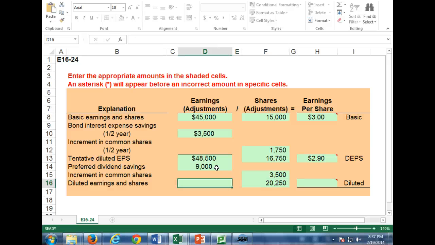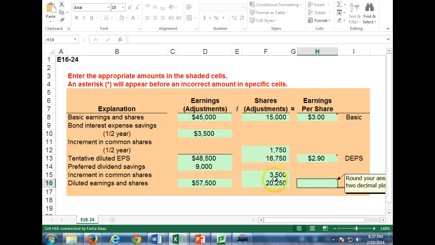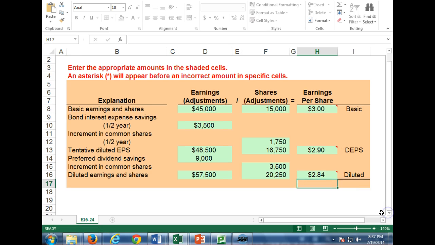And this would be 48, so this is 57.5. So what is our diluted earnings per share here? 57.5 divided by 20,250 is what? $2.84. Does that make sense, guys? Any questions on that? Yes, no?